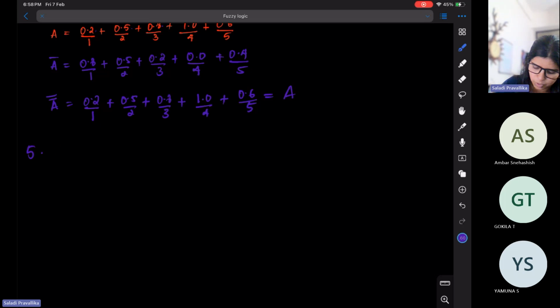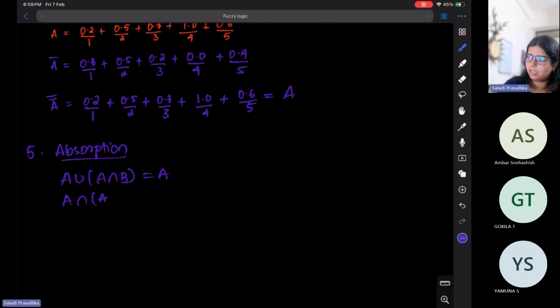And then we have absorption. So absorption is A union A intersection B is equal to A, and A intersection A union B is equal to A. Let us see how it is in a classical set.